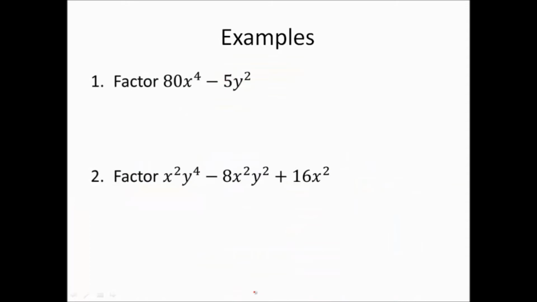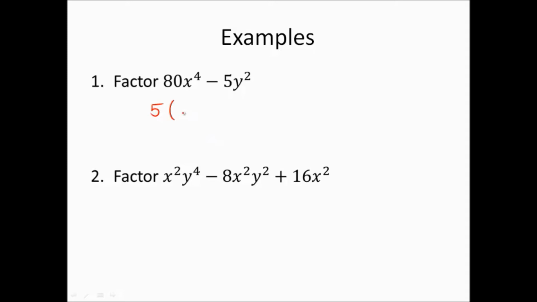Let's take a look at some examples where we can use the factoring strategy. Remember, we're always first trying to take out the greatest common factor if possible. In this example here, we have the greatest common factor of 5, so let's take that out, and no letters come out.